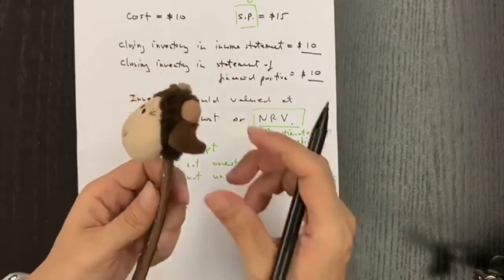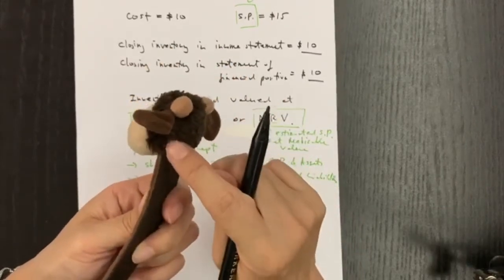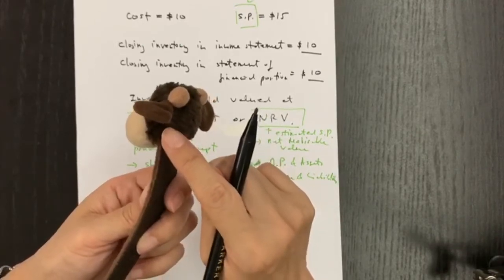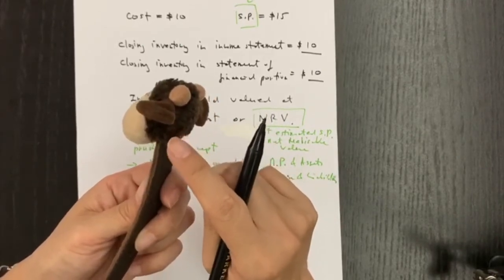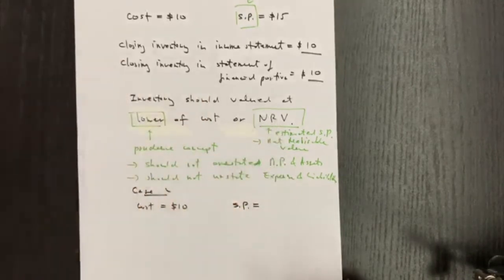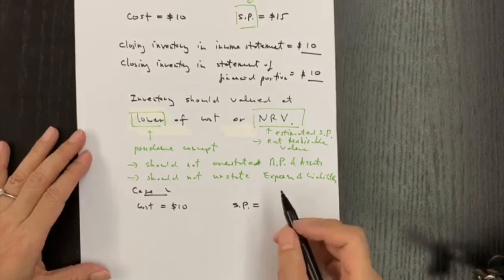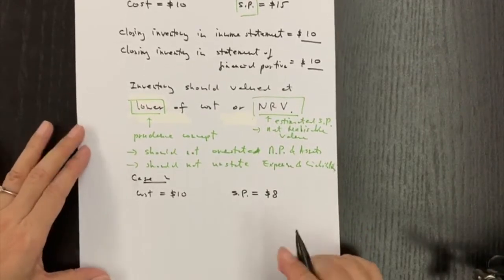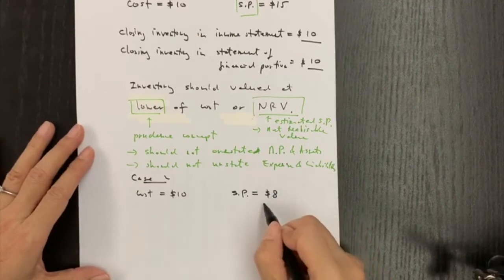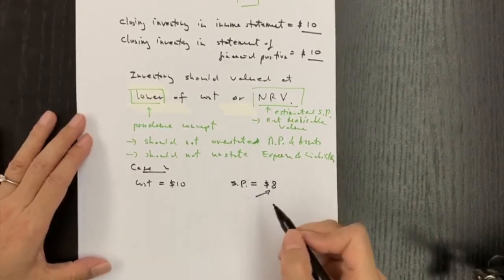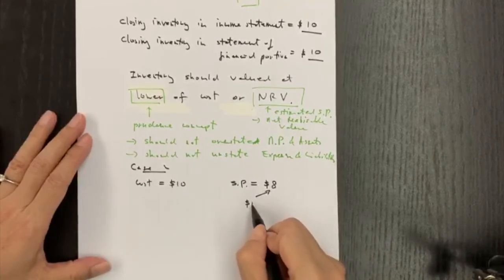Now we have costs, but before we sell it to the customer, we have to do some repair, so we need to spend some money on the repair in order to sell it. Let's say the NRV is $8, and this is just an example. The estimated selling price is $15.